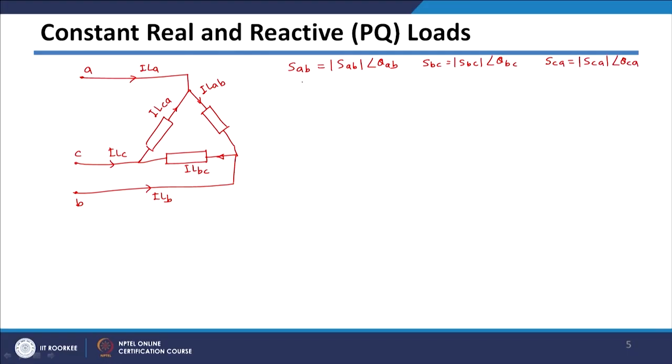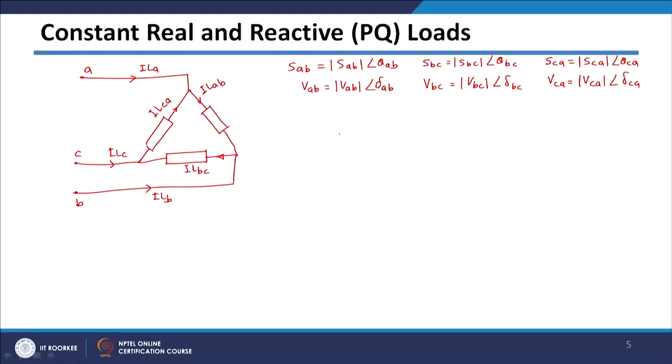And the voltages: VAB will be VAB magnitude and its angle will be delta AB, VBC will have VBC magnitude and its angle will be delta BC, and VCA will have VCA magnitude and its angle will be delta CA.